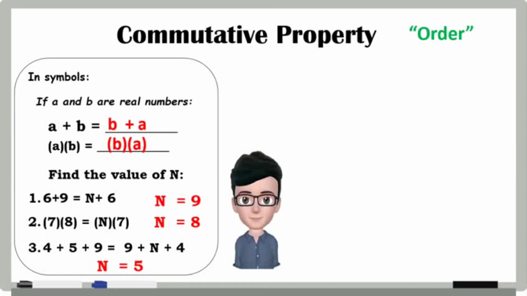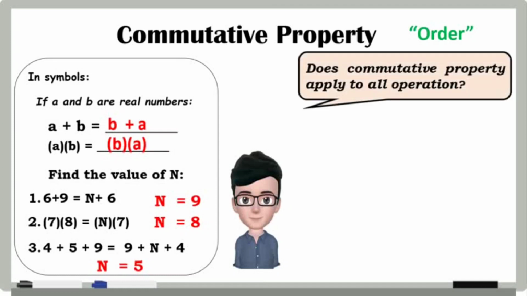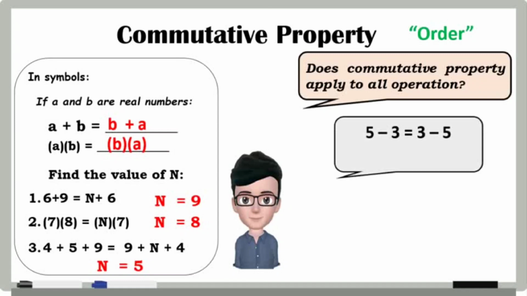Okay, that is good. Now, my question, do you think applicable kaya siya sa subtraction at division? Sige, let us see. Is 5 minus 3 equal to 3 minus 5? No, sir. Okay, good. Because 5 minus 3 is equal to 2 and 3 minus 5 is equal to negative 2.